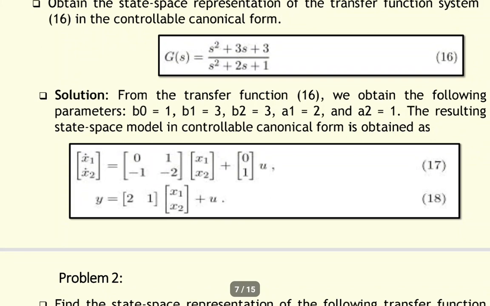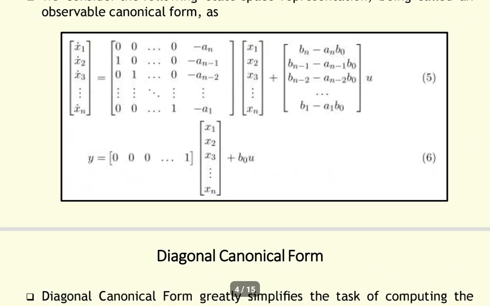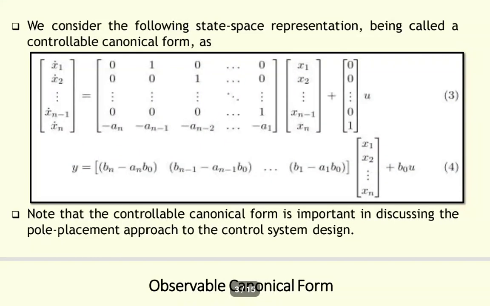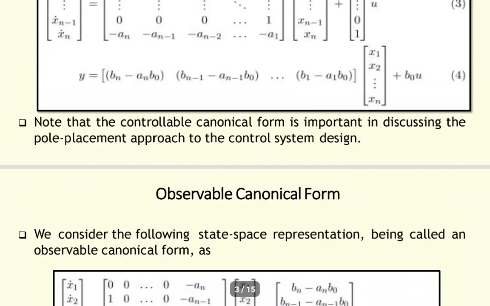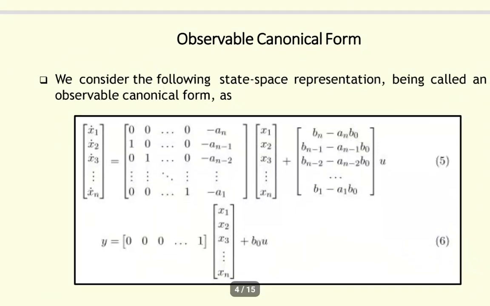And the resulting state space model is what? We will arrange that in the A matrix. How many variables will be available? Two variables, x1 dot and x2 dot, and the A matrix will be arranged in such a way. How can we arrange the A matrix? We will take help from the controllable canonical form. So the A matrix is 0 1, 0 so on up to 0, then minus an, minus a(n-1), up to minus a1. So in the first row, the first element will be 0, then 1, and the rest will be minus an and minus a(n-1).